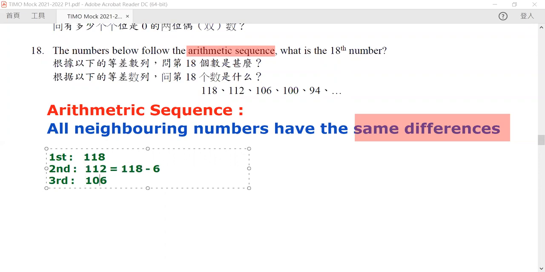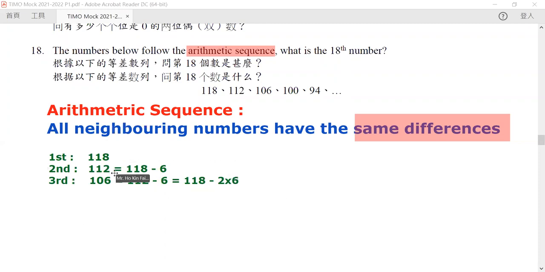It means that this is equal to 112 minus 6, but it's also equal to 118 minus 2 times 6. If we proceed to list them out, you will soon find our pattern here. So our fourth number is equal to 106 minus 6, but it is equal to 118 minus 3 times 6.